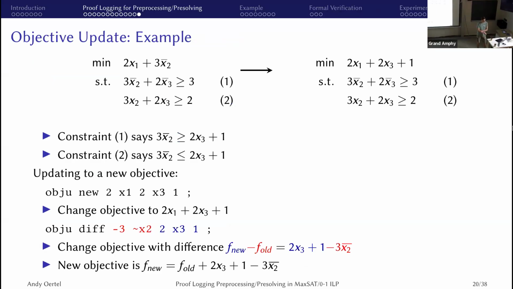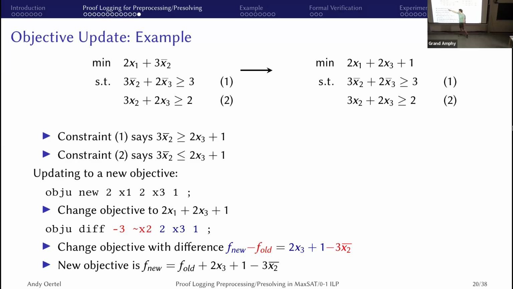Then for an example of how this objective update rule looks like, let's consider this problem here. We can see that the first constraint says that 3 not x2 is greater equal to x3 plus 1, and the second constraint says this is less equal. So these are the two conditions we need for the objective update.